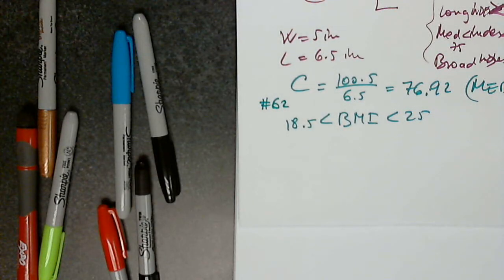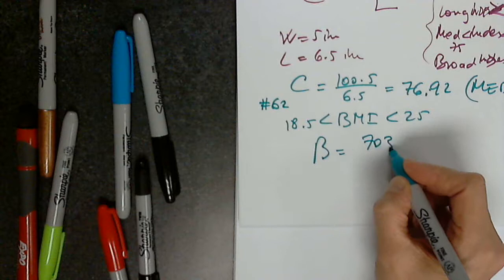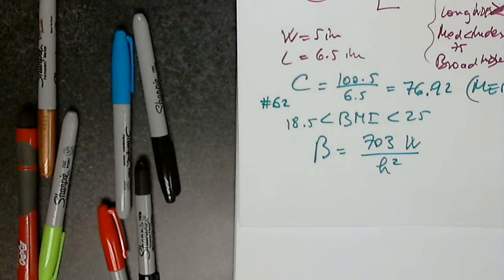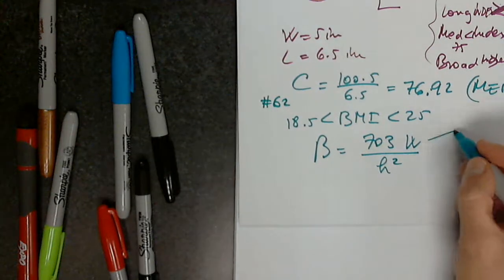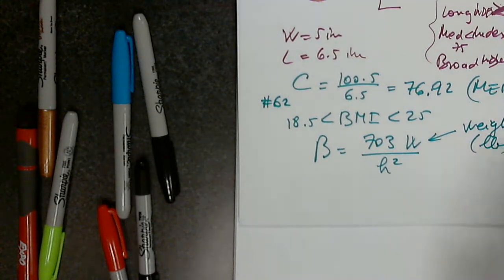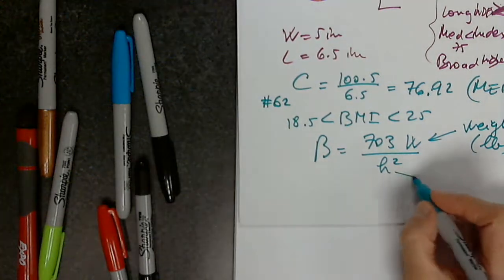Okay. The formula for the body mass index, B, is 703 times W divided by H squared, where W is the weight in pounds, and H is the height in inches.